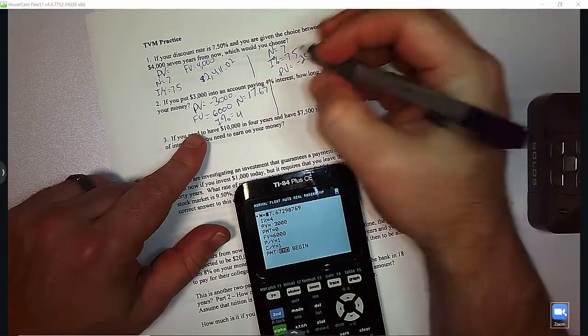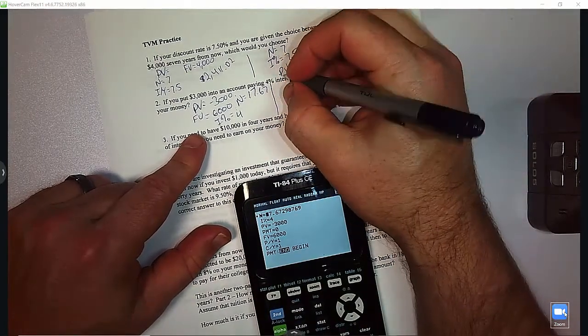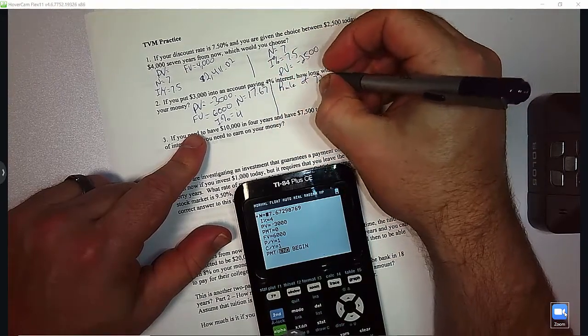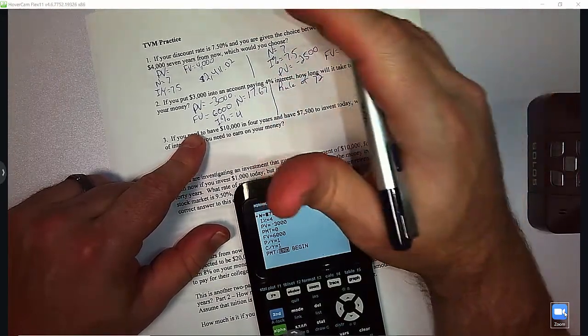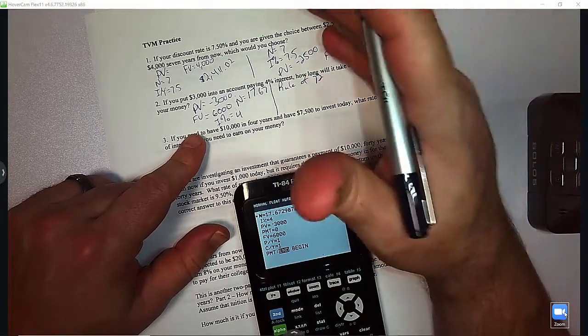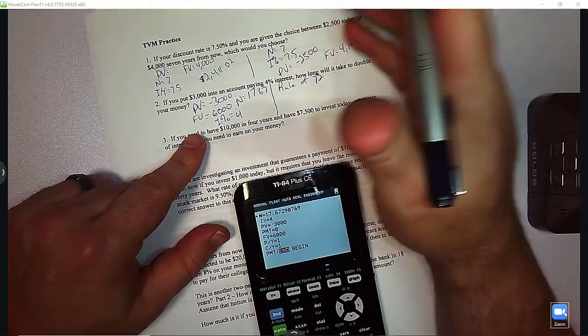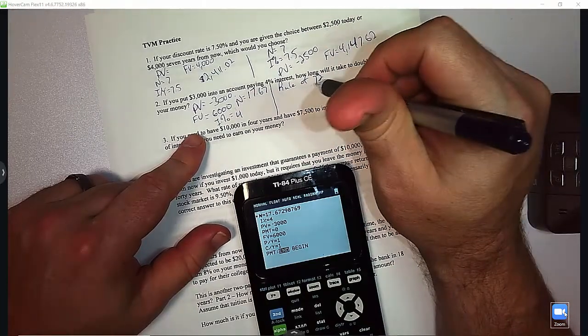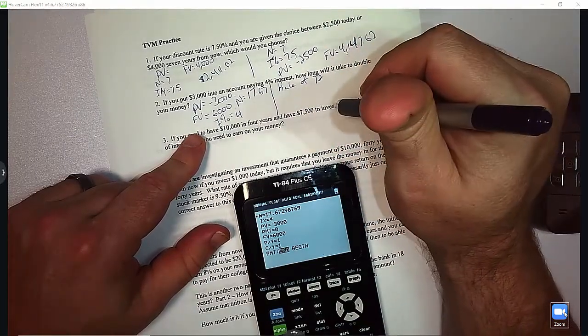So I want to introduce you to a concept here called the rule of 72. The rule of 72 says you can calculate the approximate time it takes to double your money, given an interest rate, by dividing 72 by that interest rate as a whole number.